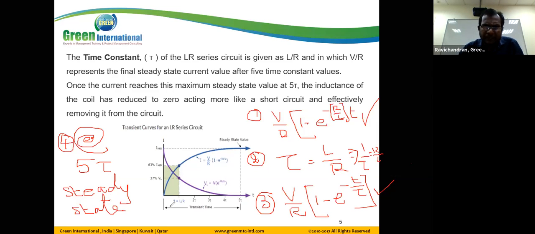Here they mention t is equal to 1t, 2t, 3t, 4t, 5t, where 1t means 1 tau. Sometimes we must remember these values also. At time constant 1, that is tau is equal to 1, the transient current is 63% of the maximum value.